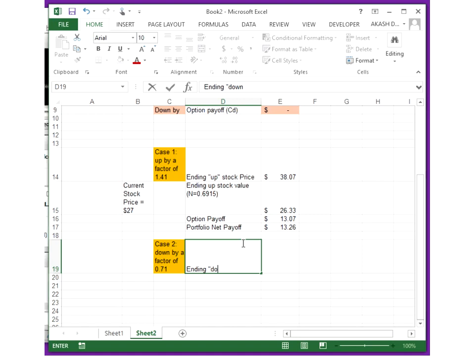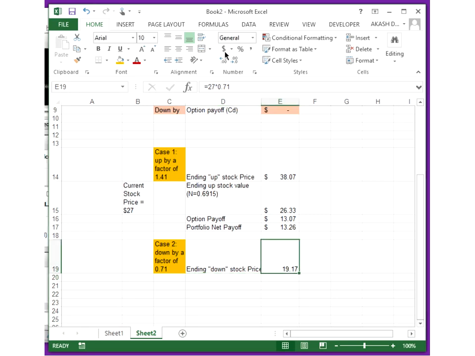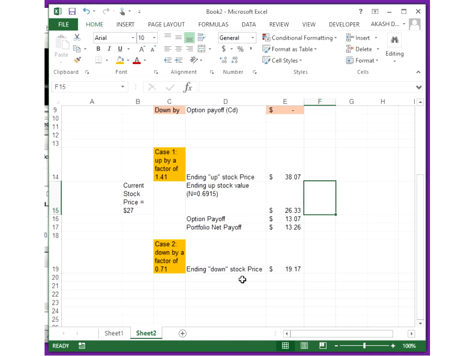So in this case, the ending down stock price is going to be the current stock price, which is 27, multiplied with 0.71. That's $19.17. Okay.